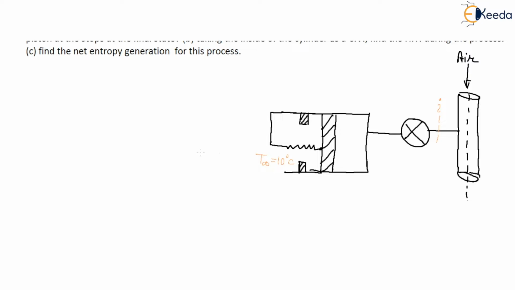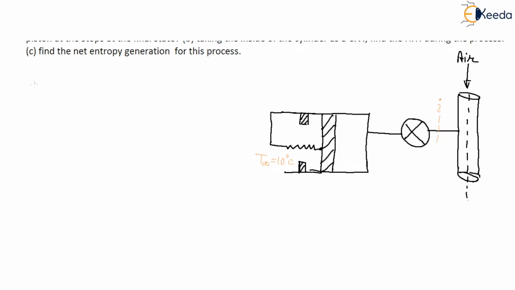So in the first question, is the piston at the stop at the final state? To find this, when the pressure builds up inside, the pressure will increase, and that pressure will be equal to the spring force.